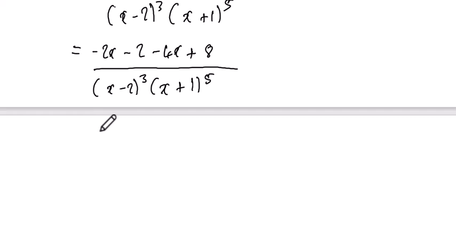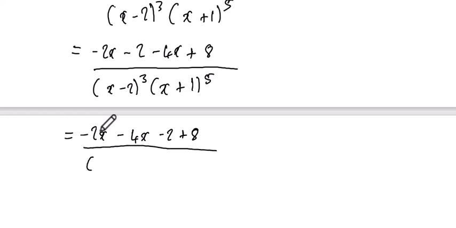So we collect the like terms. Negative 2x minus 4x, then negative 2 plus 8. So this is going to be x minus 2 squared, then we're going to have x plus 1 to the power 5.